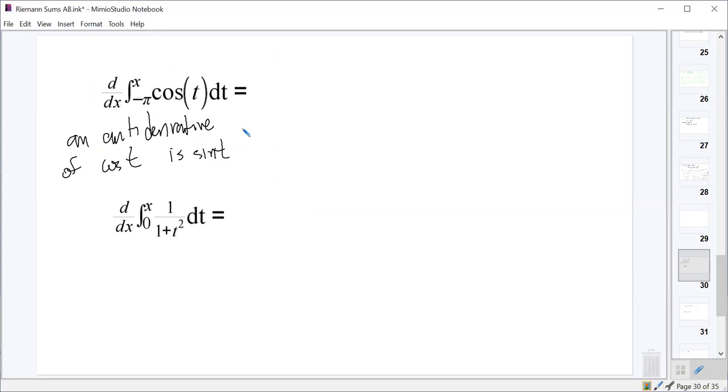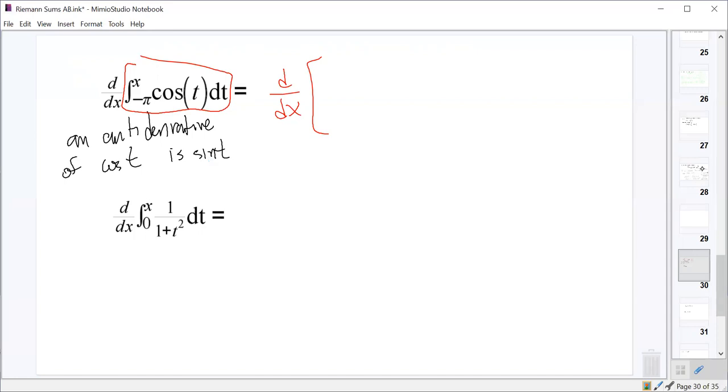Right, so we're going to choose to just first work with this piece right here. I'm going to leave my d dx, but then we're going to just evaluate this integral from negative pi to x of cosine t. So we know that an antiderivative of cosine t is sine t, and there's an infinite number of them, right? Sine t and sine t plus 1 and sine t plus 1,000 and sine t minus 1,000.